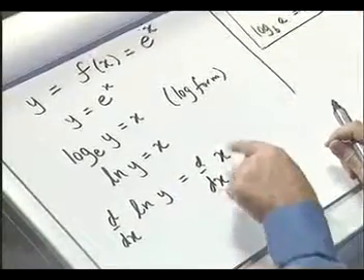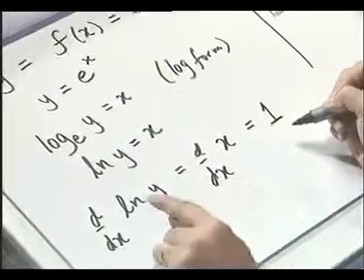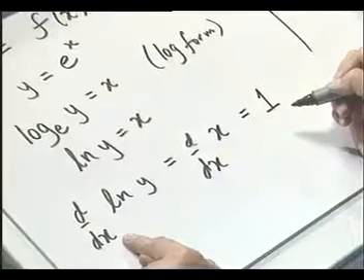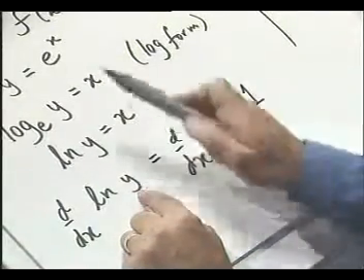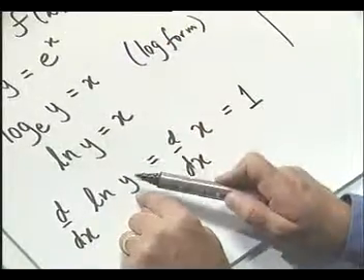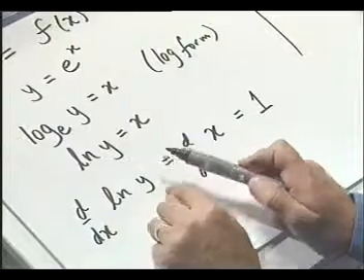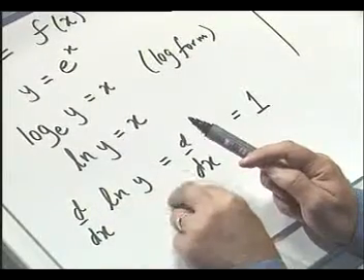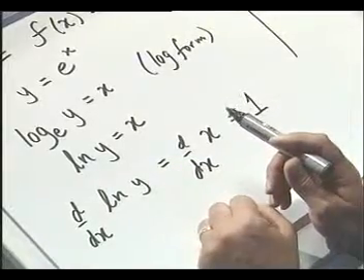Now this is easy. If you differentiate x with respect to x, you'll just get 1. The left-hand side needs a bit more thought. What we've got here is that y is a function of x, y is e to the x, and we're taking another function of it. We want the logarithm of y. So we've got a function of a function. We're trying to differentiate a function of a function. So we need a rule for that, and that's called the chain rule.